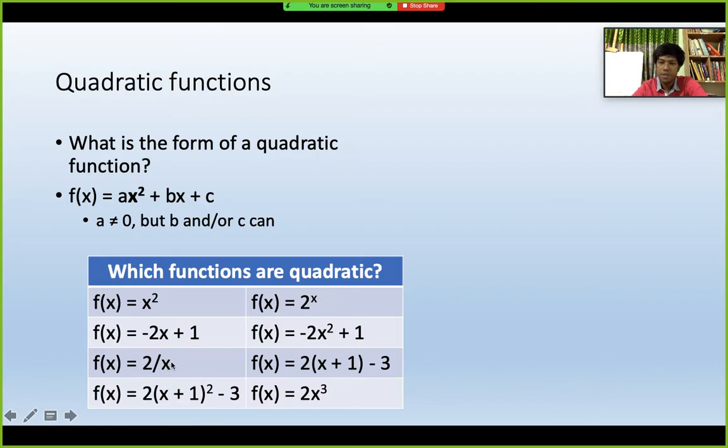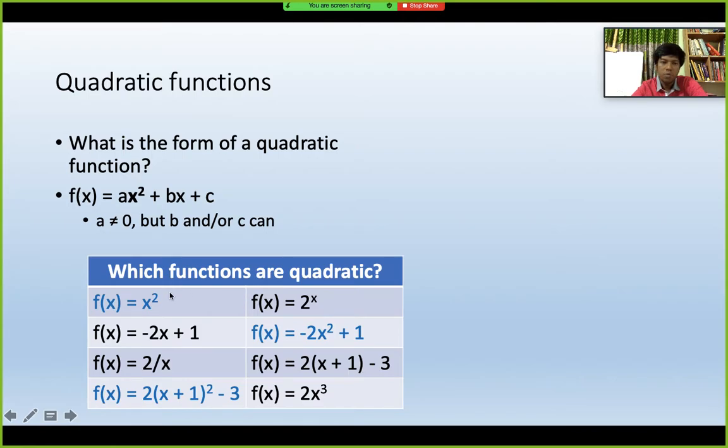The power of x is minus 1 here, or 2 divided by x, not quadratic. X power is 2, so this one is quadratic. This is 2 to the power x, which is not quadratic because our condition is x squared. This is x squared, so this one is quadratic. There is no x squared here, so not quadratic.